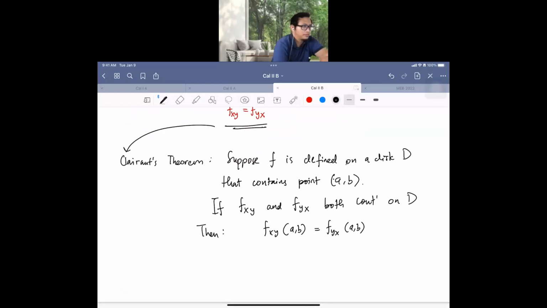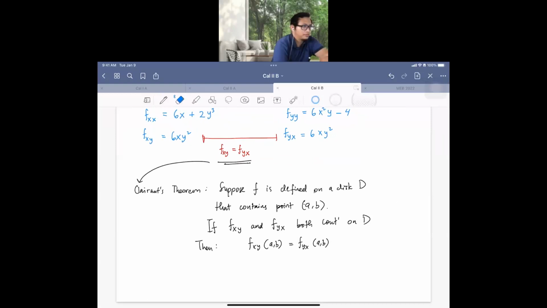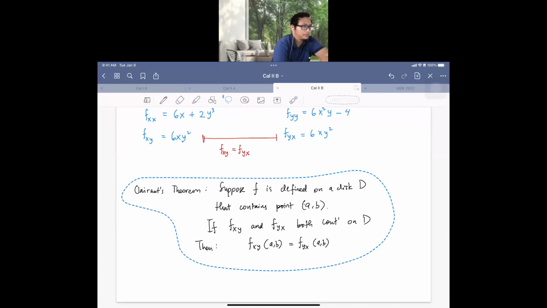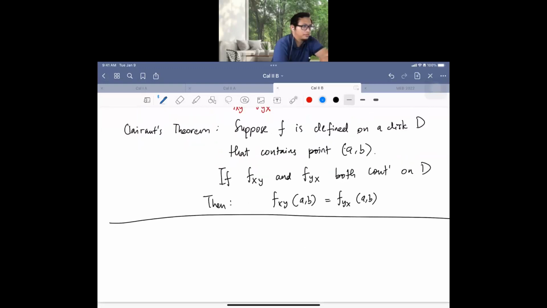And if you have another order, for example, partial x, y, y. This means that we will have partial xy and derive with respect to y.